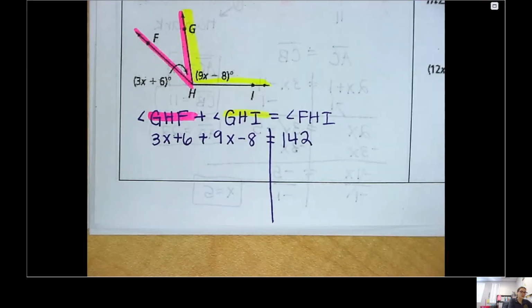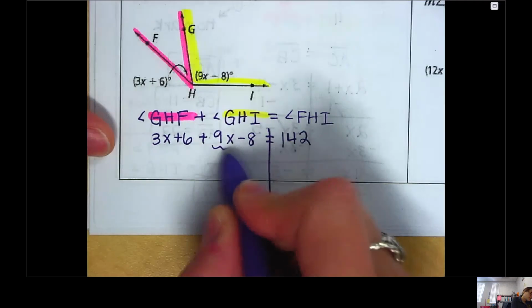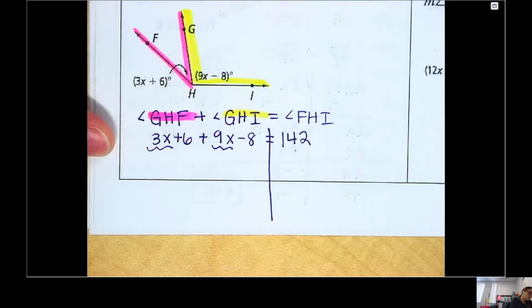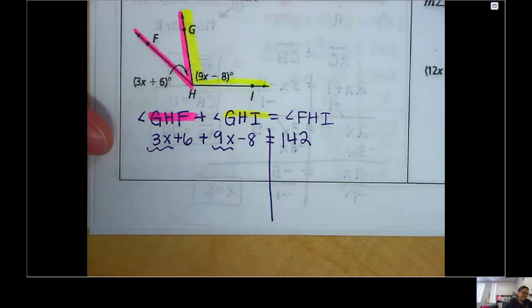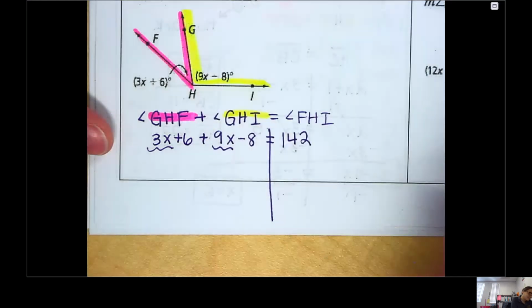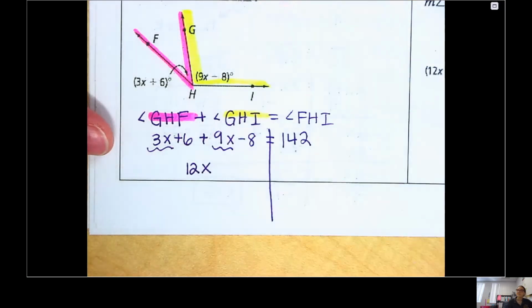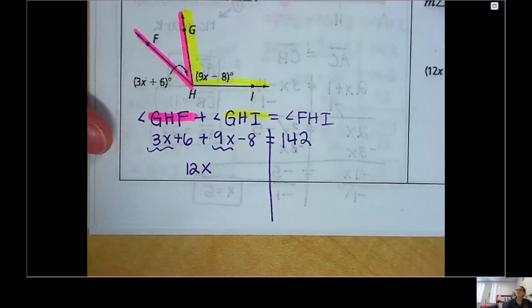Combine like terms. What can I combine? 9x and 3x. So that's 12x. Not 9 plus 3, good try. Hey, it's early in the morning. We're okay.